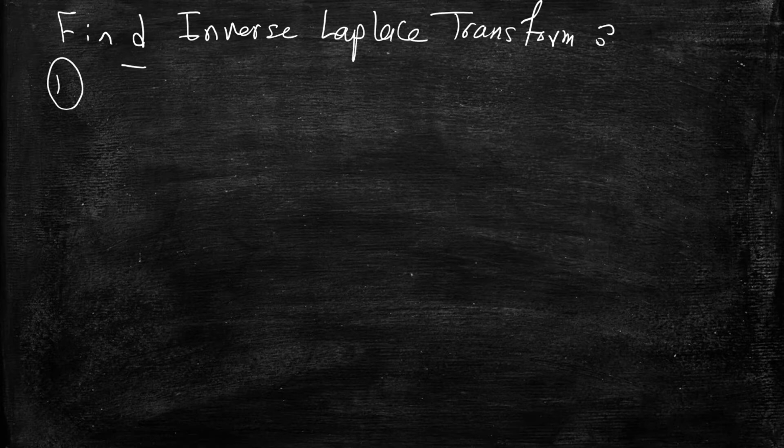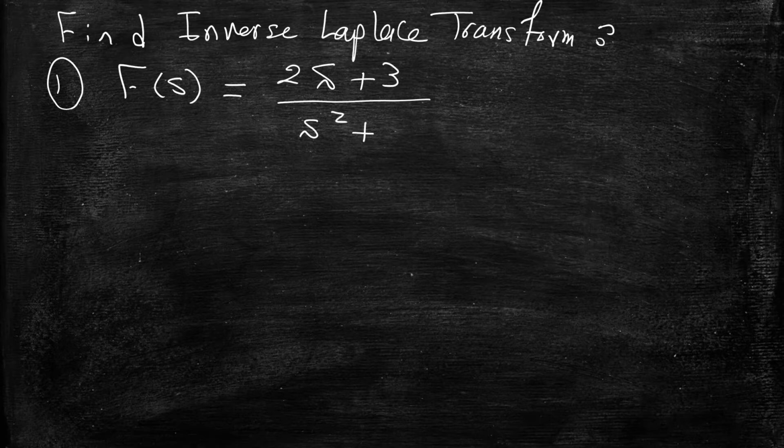We have this F of s, which is equal to 2s plus 3 over s squared plus 10. Again, this is in the table, but in the table we have something like s over s squared plus a squared, or a over s squared plus a squared, not both together.